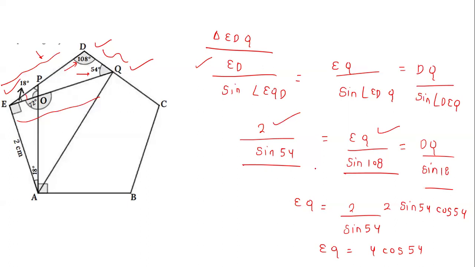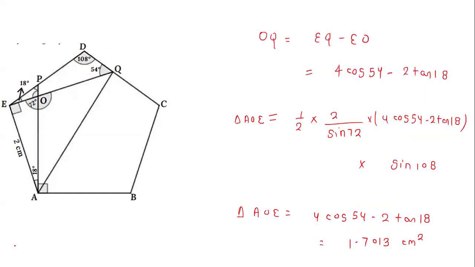So now you can calculate the value of EQ. It is 2 divided by sine 54, and sine 108 you can write as 2 times sine 54 cos 54, like sin 2 theta is equal to 2 times sin theta cos theta. So sine 54 cancels and it becomes 4 times cos of 54. So now we know this EQ length.